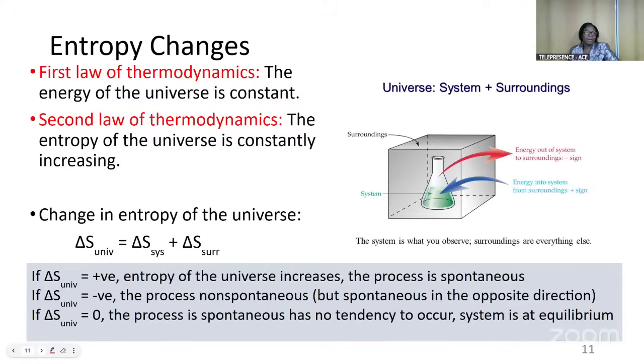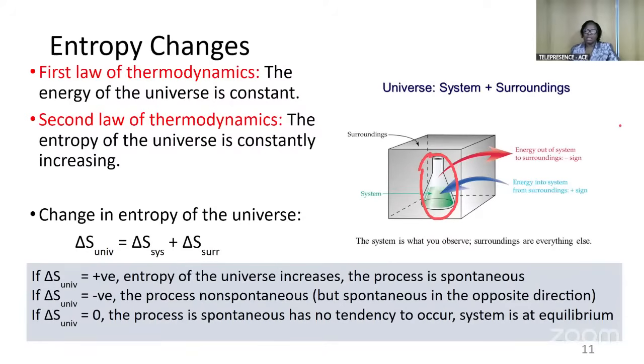So when we talk about a universe in thermodynamics, what are we referring to? We are referring to the system and its surroundings. So the universe is system plus surroundings. And what do we mean by system? If you want to carry out a reaction, you will put it in a reaction vessel like we have here. This reaction vessel is the system.